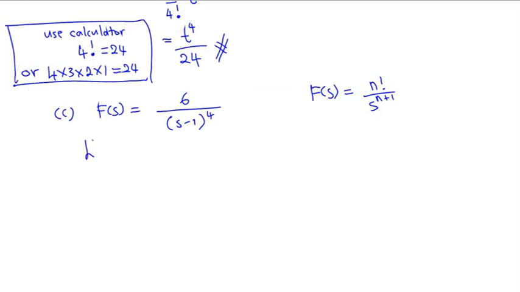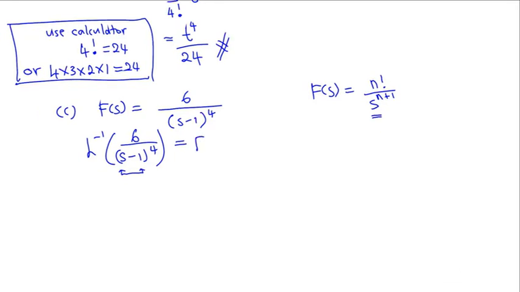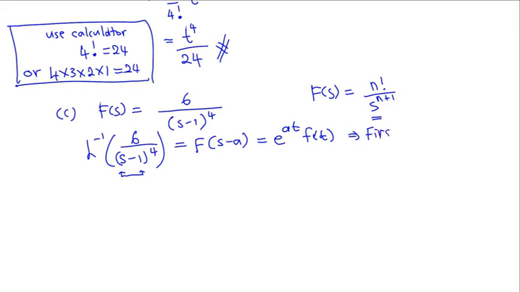So Laplace inverse of 6 divided by (s minus 1) power of 4 is equal to, so we know that this one is s minus 1, but the table has s, so this one is F(s minus a). Then we know that for F(s minus a) it is e power of a t times f(t). This one is the first shifting property. So a is equal to 1.